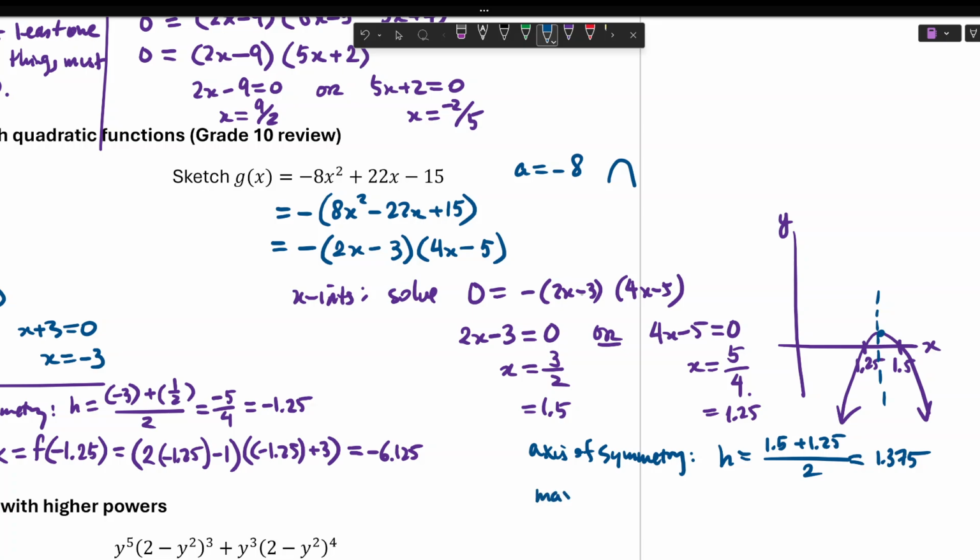And then for the y-coordinate, which is our maximum value, we're going to do f of 1.375 using any expression. When you calculate that, you're going to end up with exactly 1/8 or 0.125. So therefore, our vertex is at 1.375, 0.125.